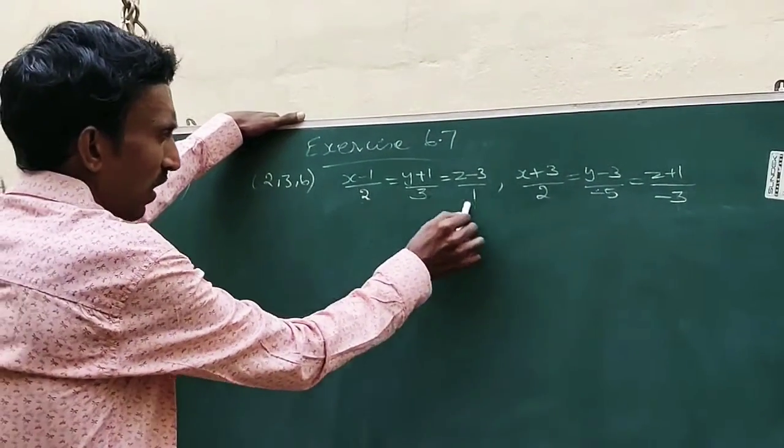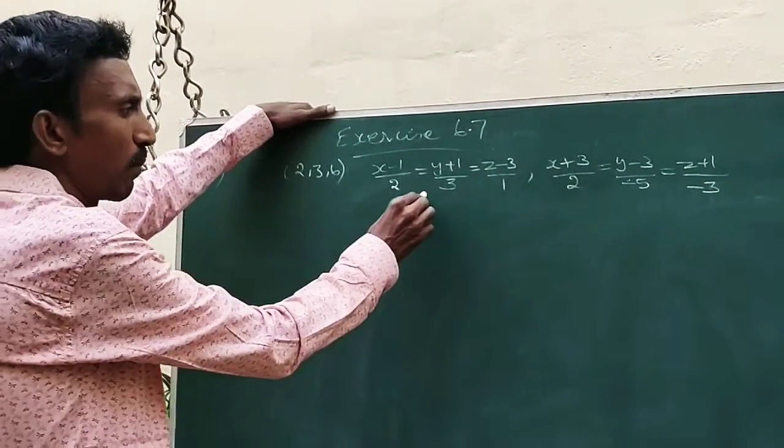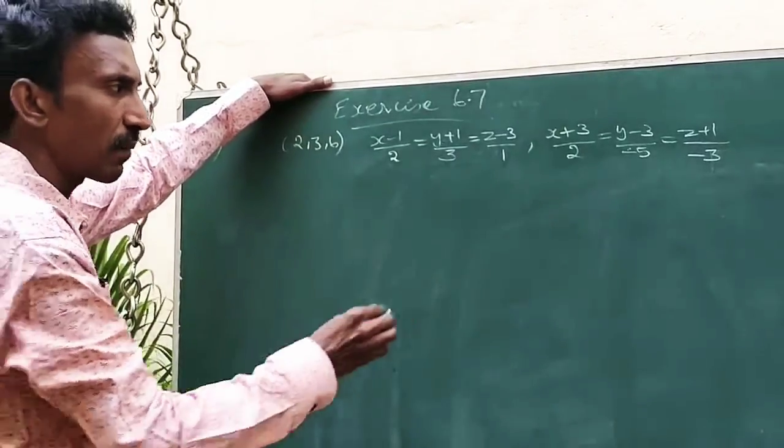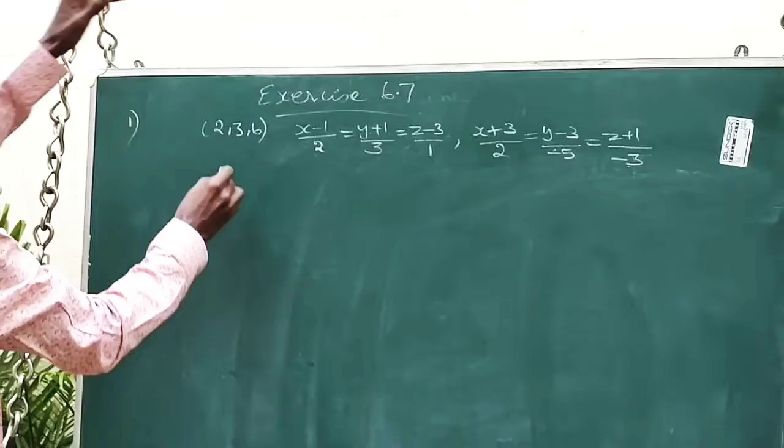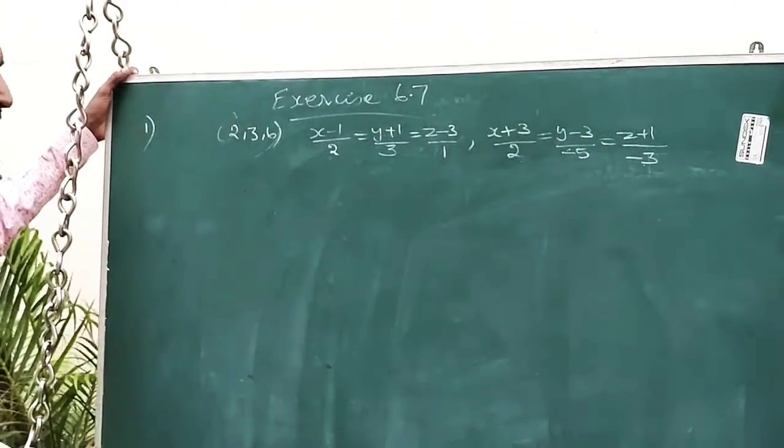So from the first line we can get a parallel vector 2i plus 3j plus k, that is B vector. Second we can get 2i minus 5j minus 3k, that is C vector. And the position vector of this point is A vector.